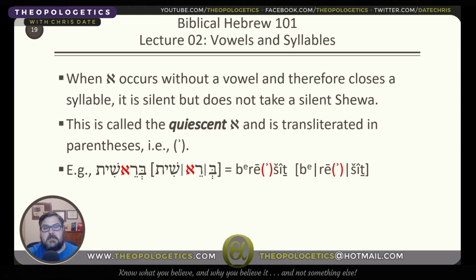And then the third syllable sheet is the S with a downward pointed caret to represent the shin, an I with an upward pointed caret representing the chirek, and the yod that follows after it, for reasons you'll learn soon. That's one of these maters lectionis, or vowel letters. And then finally the tav with a line under it, because the tav doesn't have a dagesh. So this is the quiescent aleph. Just remember, it closes a syllable but isn't pronounced.